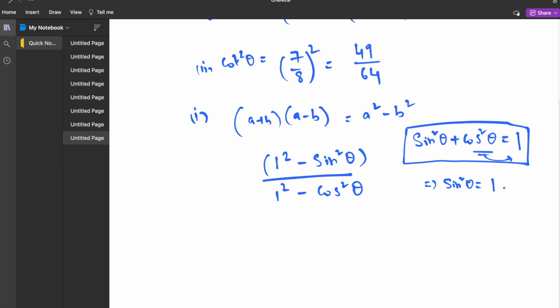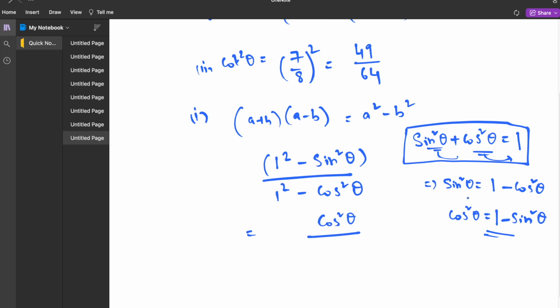Similarly, cos square theta is equal to 1 minus sine square theta. So now just substitute: 1 square minus sine square theta is nothing but cos square theta.